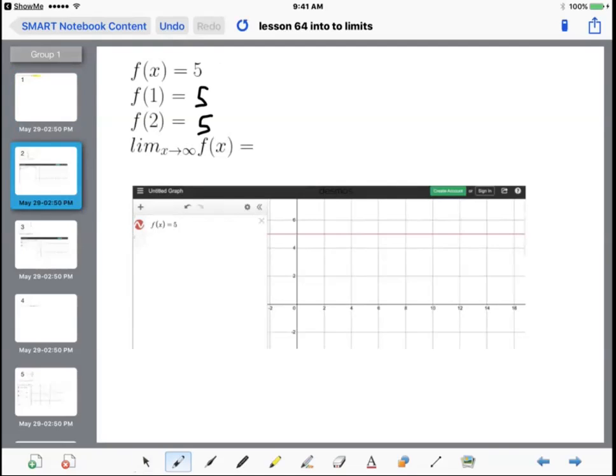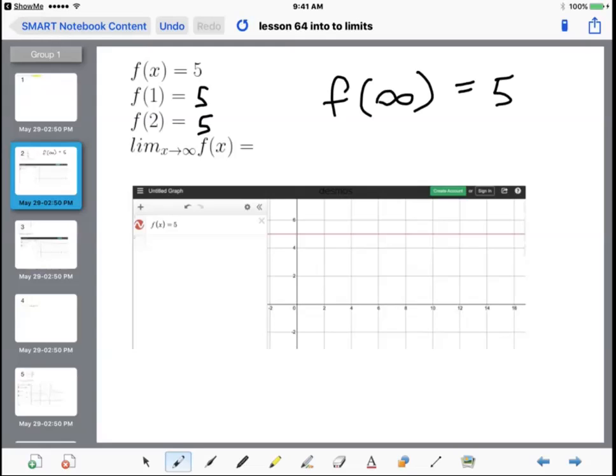But what you can't say, officially, is that f of infinity equals 5. I mean, you could write that, and people will know what you're talking about. But we don't really write that because infinity is more of a potential thing that never actually gets reached.